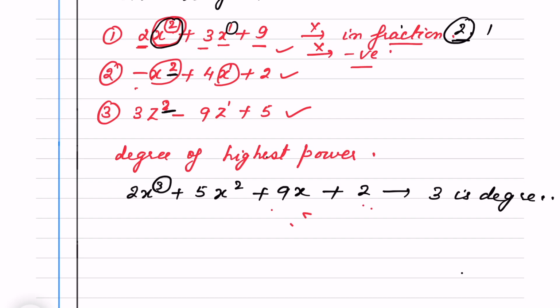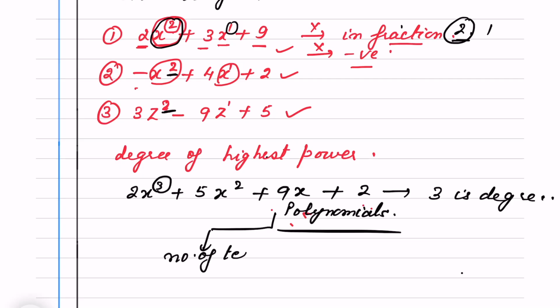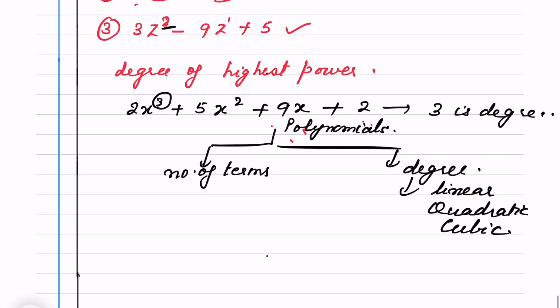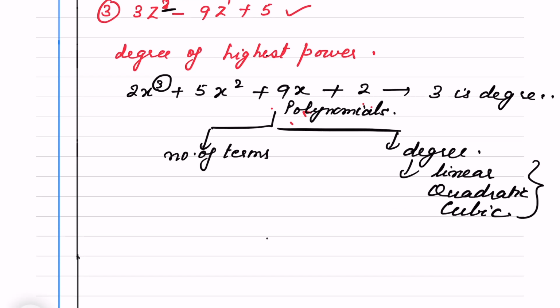You know that we divide polynomials according to the number of terms and degrees. According to degree, we have linear, quadratic, cubic. These are the basic recap: linear is of degree 1, quadratic is of degree 2 and cubic is of degree 3.